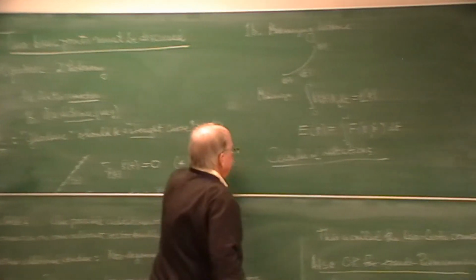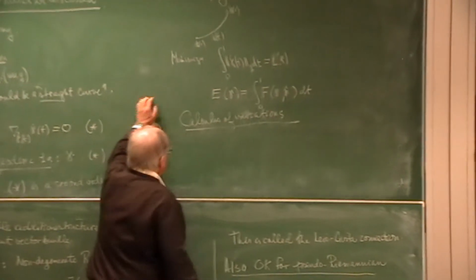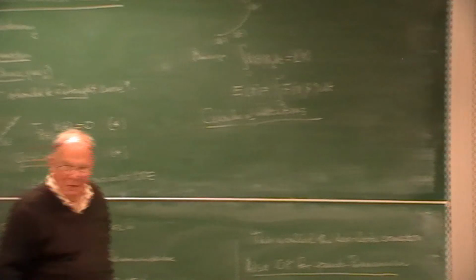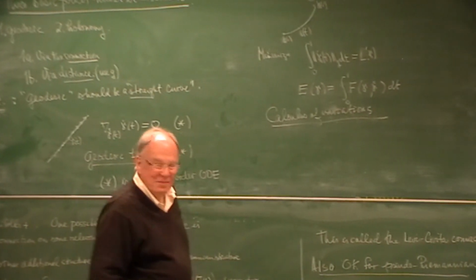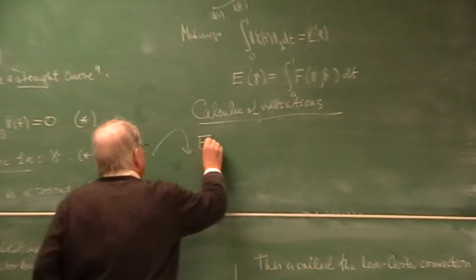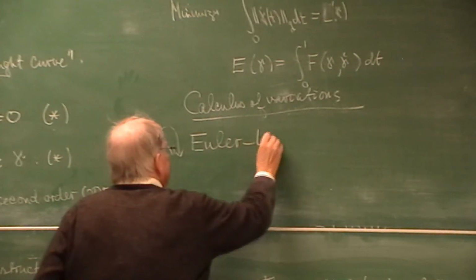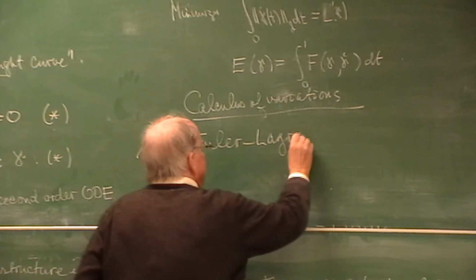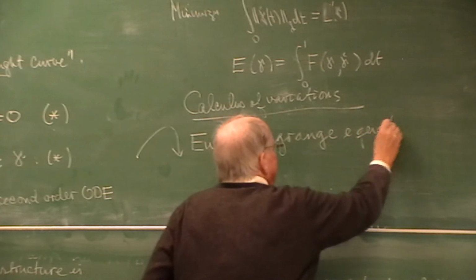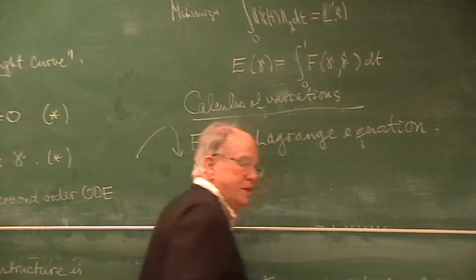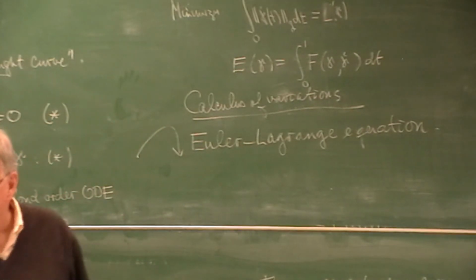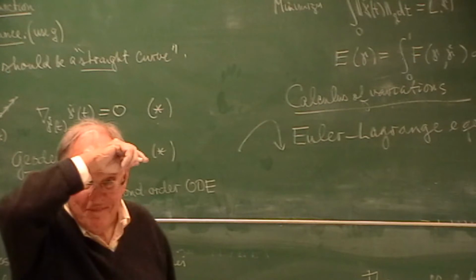So this is called the calculus of variations. This is an old subject. This is far older than the notion of connection. And associated to this problem is something called the Euler-Lagrange equation. I hope you know the ages of these guys, Euler and Lagrange. This is long before the stuff I've been talking about, right?